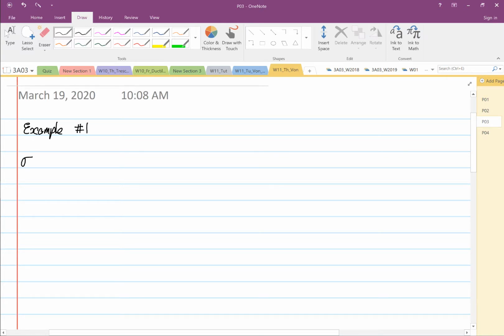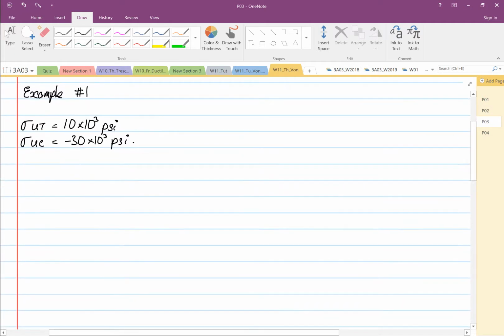What we are given is the ultimate tensile of 10 times 10 to the power 3 psi, and the ultimate compression of minus 30 times 10 to the power 3 psi.